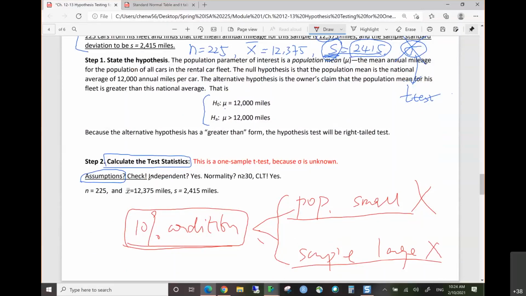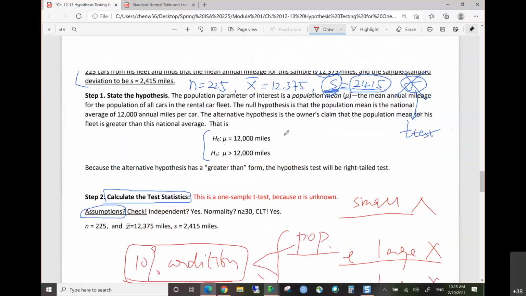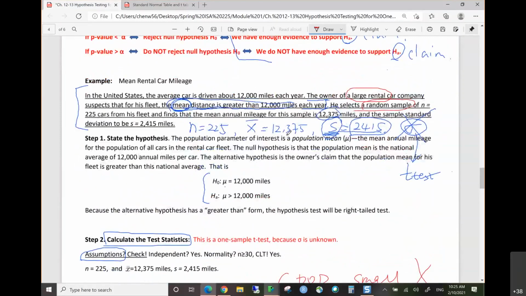So I have a question. For that 10% condition, in the essay assignment, I think I said we assume that the number is less than 10% of the entire population. For this problem, could you say we assume the sample size of 225 is less than all American cars? Could that work? We do not assume.